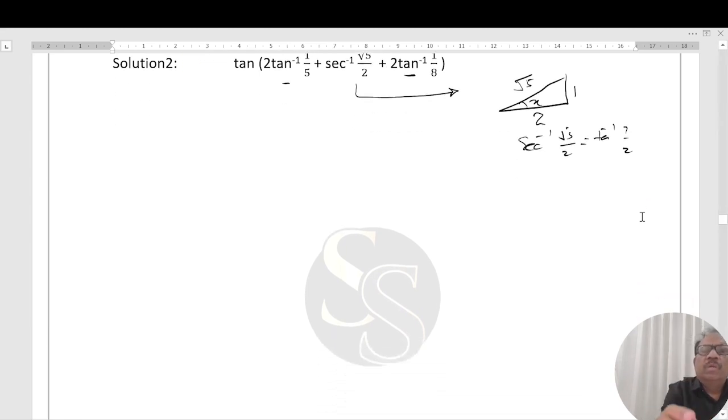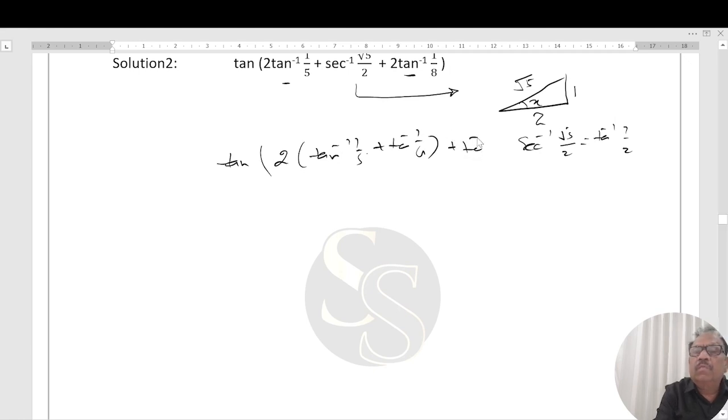Now, tan of 2 taken common, tan inverse 1 by 5 plus tan inverse 1 by 8 plus tan inverse 1 by 2. Again, tan of 2 tan inverse x.